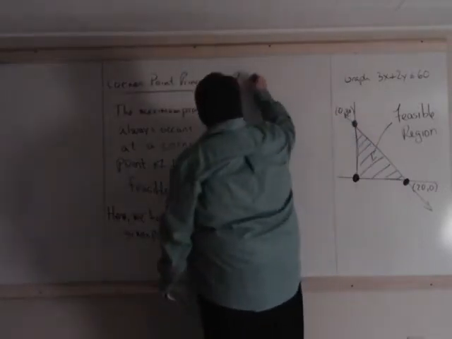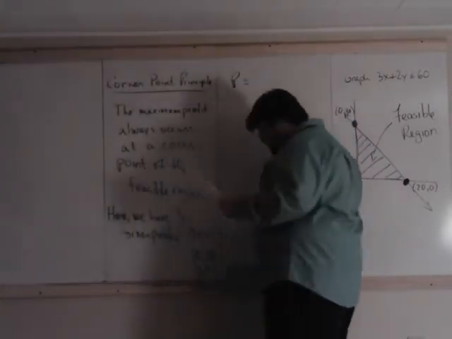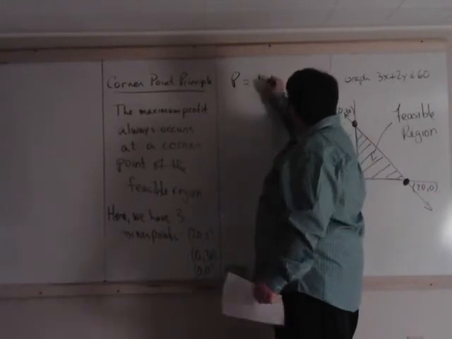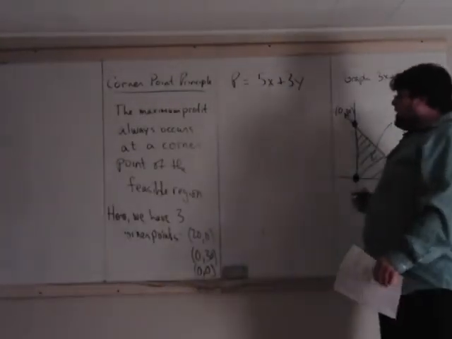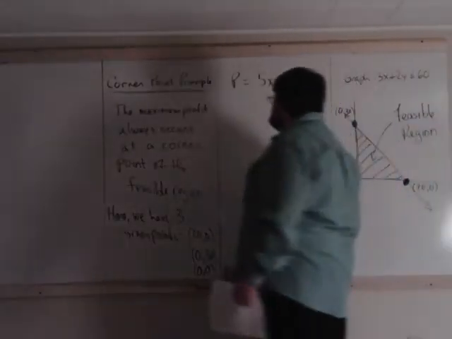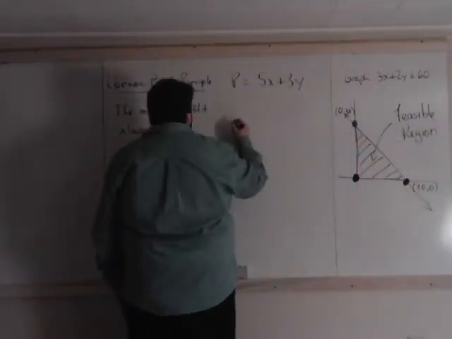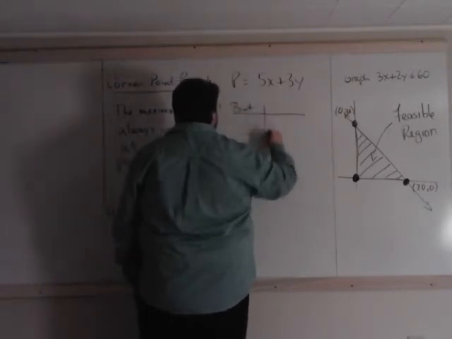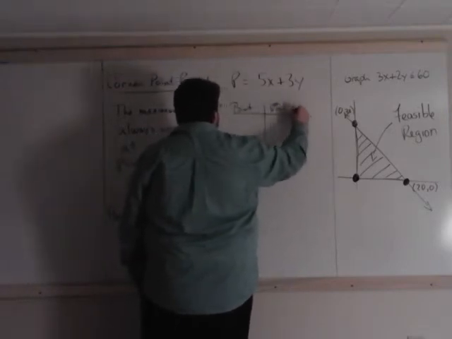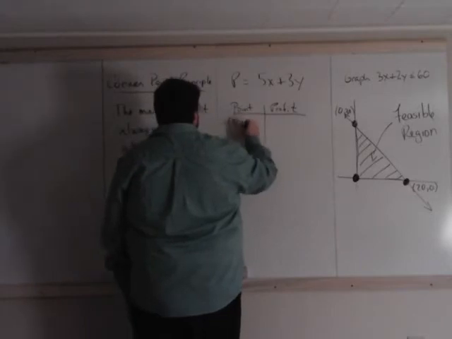The profit was, I forget what it was, I just erased it. 5x plus 3y. Well, all we have to do is evaluate that at these points. So let's make a chart, I guess. Point and profit. So let's start with 0, 0, because that's easy.